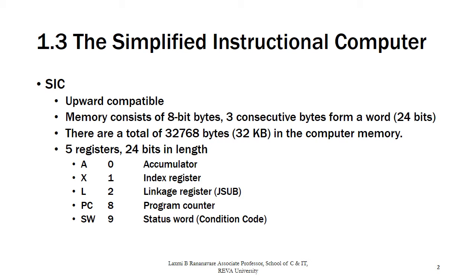Then you have the linkage register, which is used to store the return address. Then we have the program counter, a register which holds the address of the next machine instruction to be executed, and the status word, which holds the condition code.